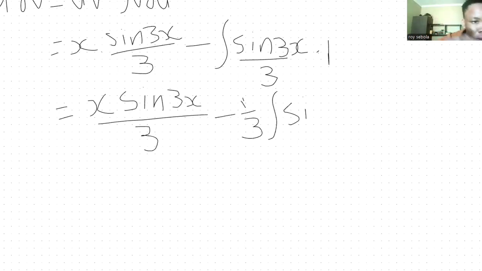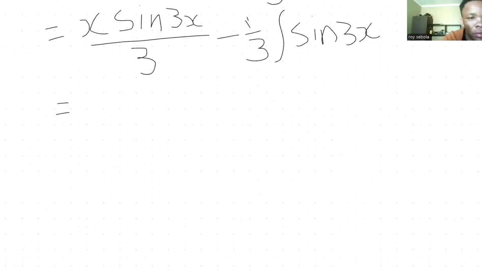We'll have x sine 3x divided by 3 minus 1 over 3.